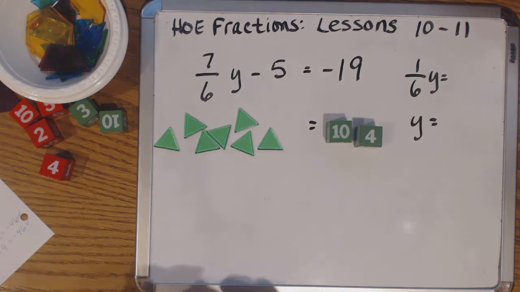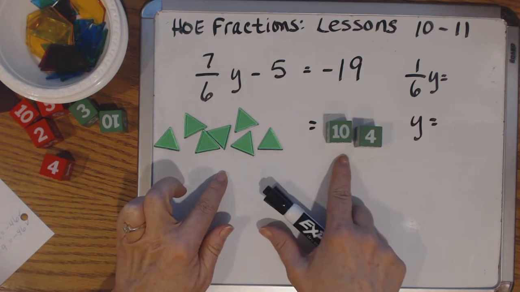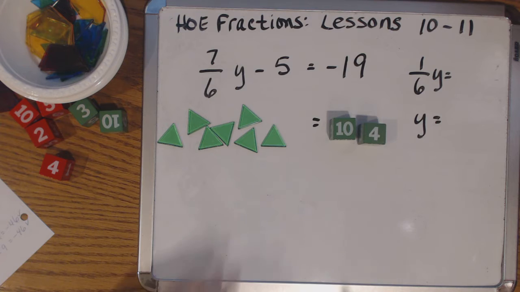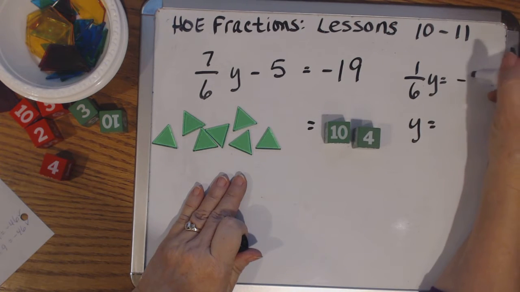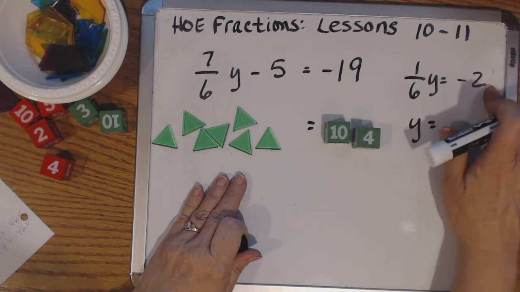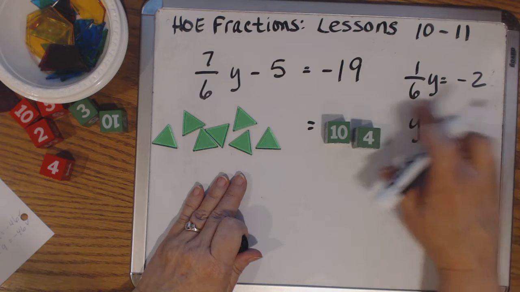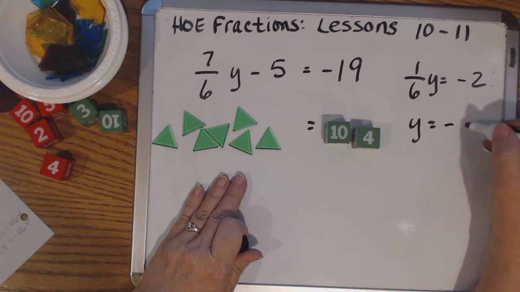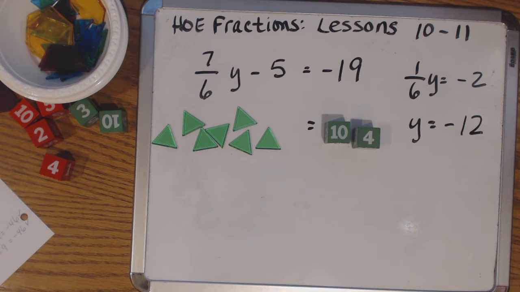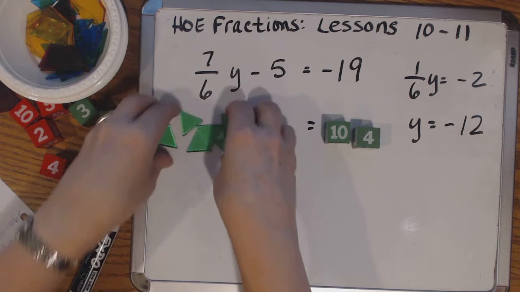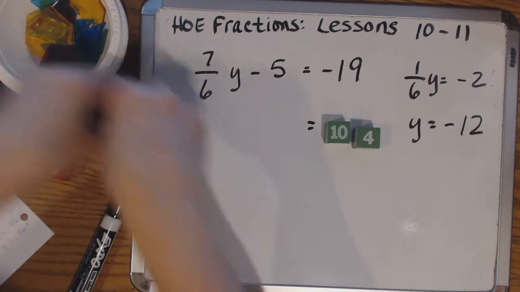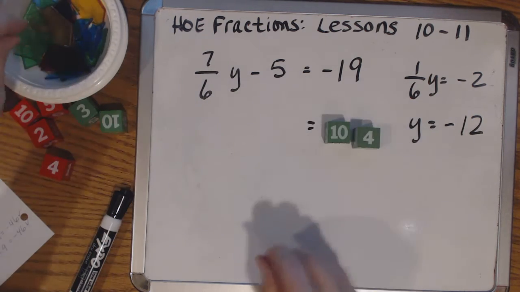I've got 7 of these equal negative 14. That means each one of these must equal negative 2. If I have negative 2 as a sixth, then a whole y is going to be negative 2 times 6, negative 12, right?